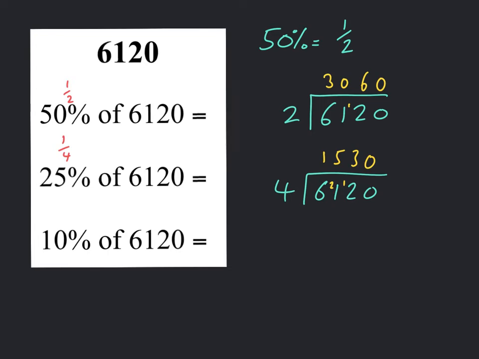The last question in this set of examples, this time we're going to find 10% of the amount. And again, if you remember from your tables, 10% is equivalent to 1/10. To find 1/10 of something, you split it up into 10 parts, or you divide it by 10, in other words. So again, to find that one, I'm going to divide it by 10.